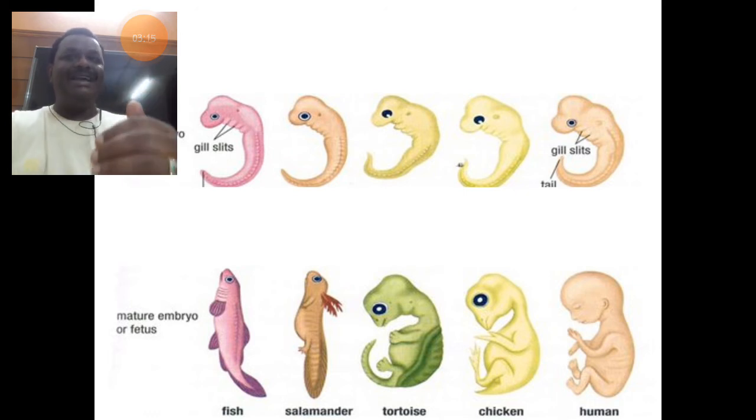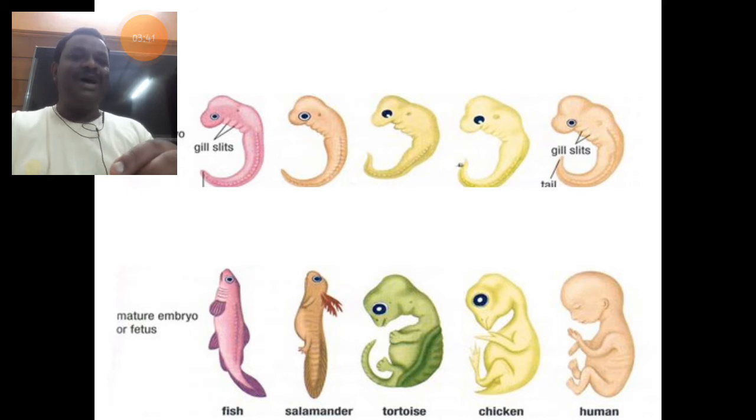According to this slide picture, it resembles same at embryonic stage that we see in the first row, and it is an indication that we are all related. This is the importance of embryological evidence of organic evolution.